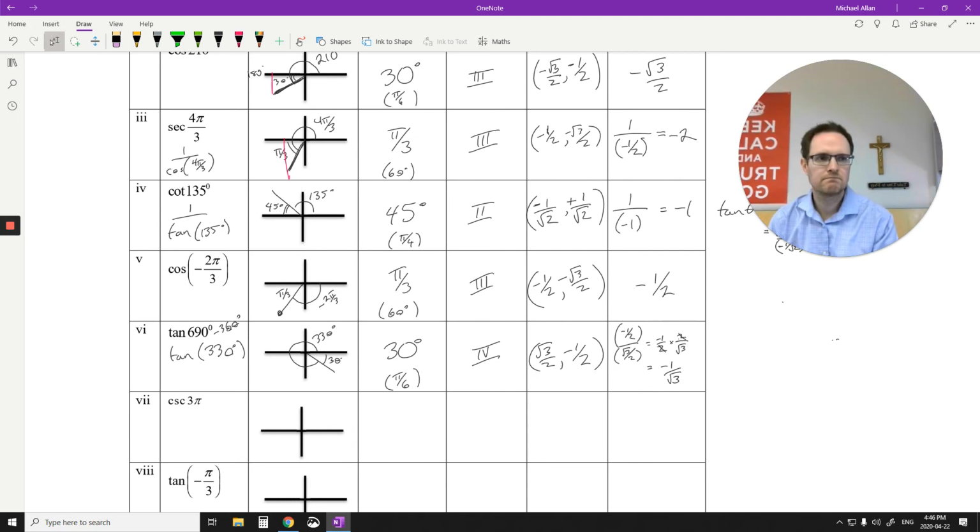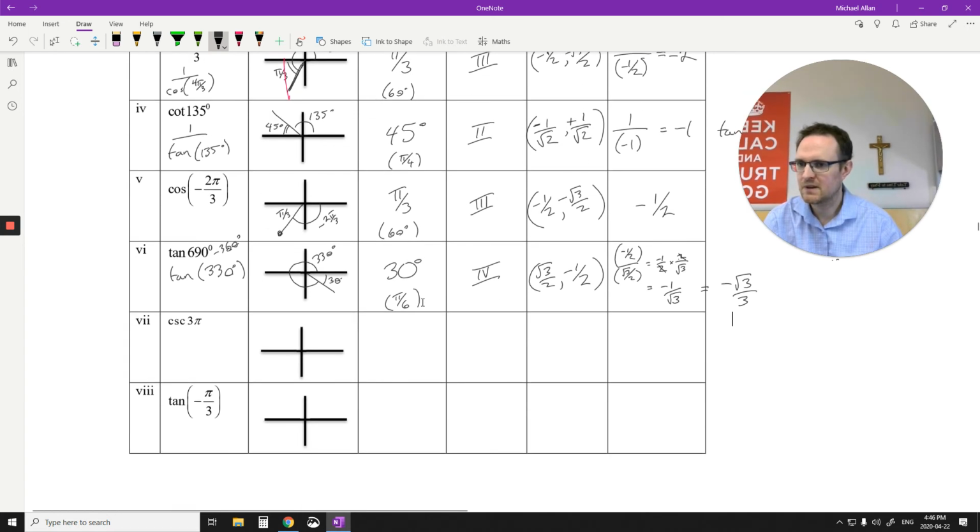That's good. If you want to rationalize that, you can rationalize that to be negative root 3 over 3, but I don't see why you'd want to do that. If you have questions about rationalizing, come ask me in the Google Classroom there.